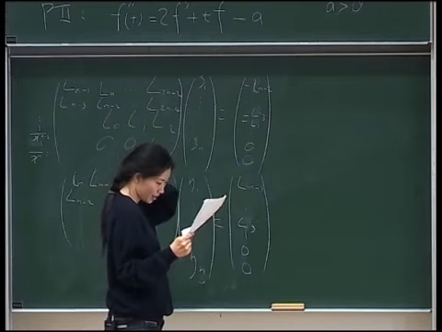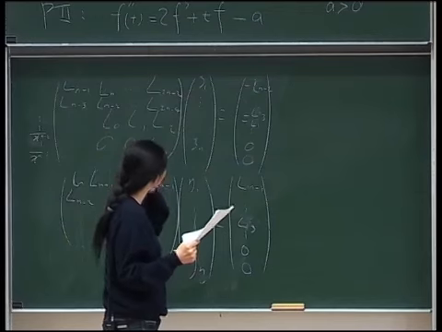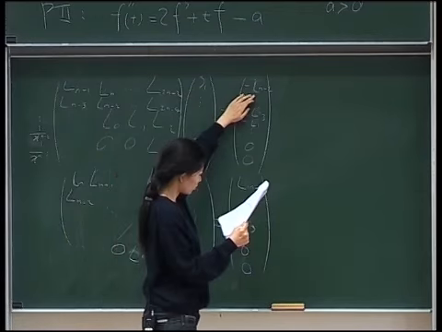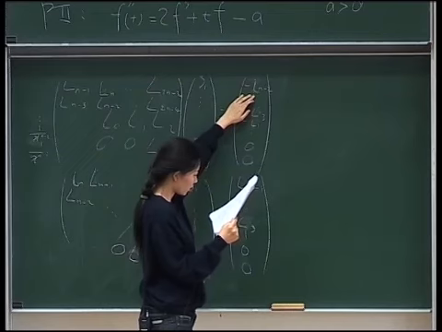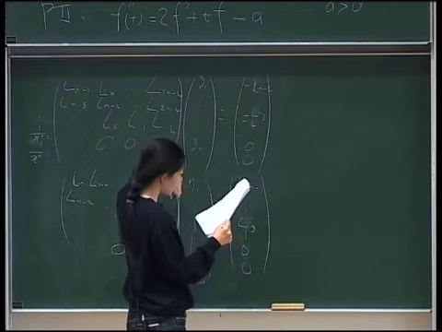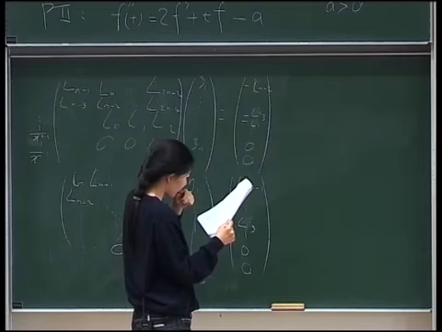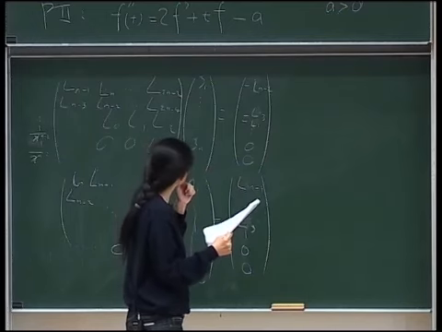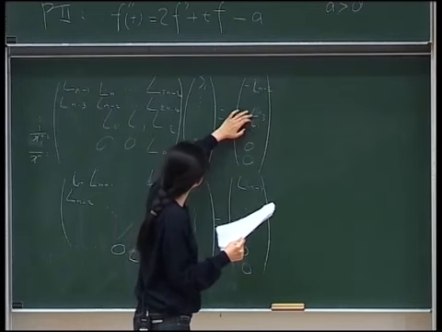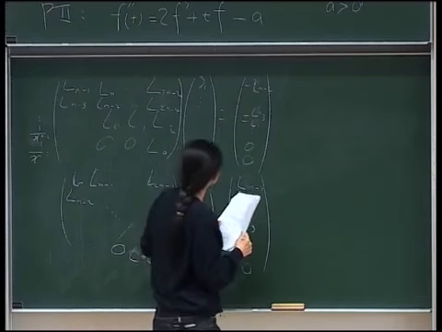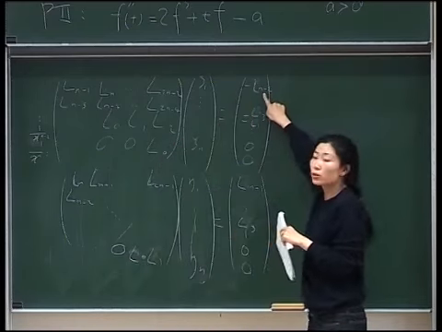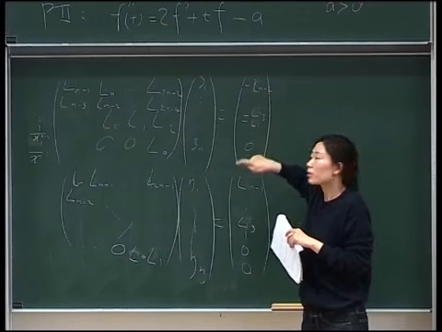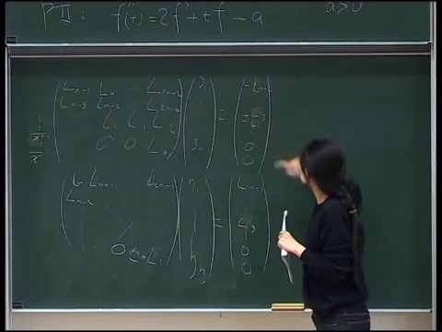Or minus L1, minus L3, minus 2. Okay. It depends on whether n is even or odd. So it changes by 2. So in this case, n is odd. So it goes up by 2.